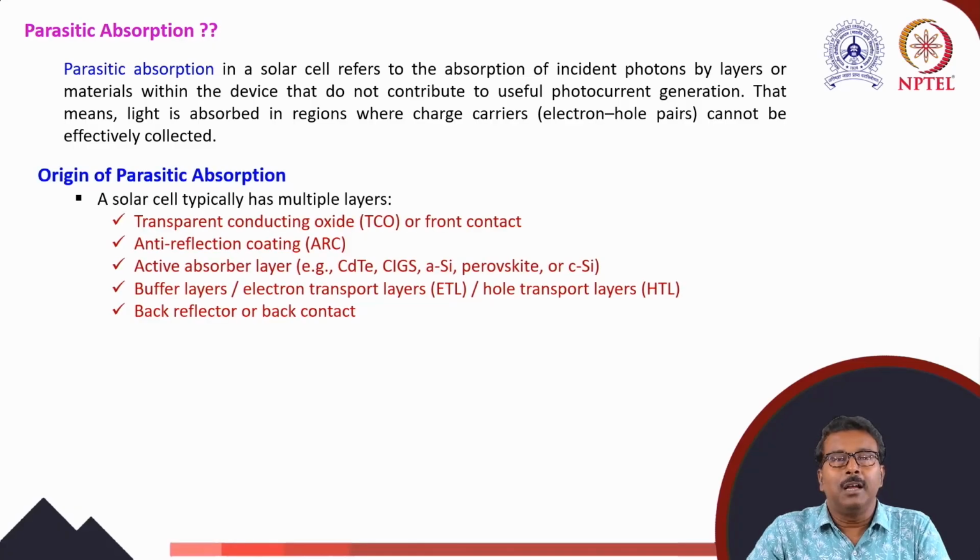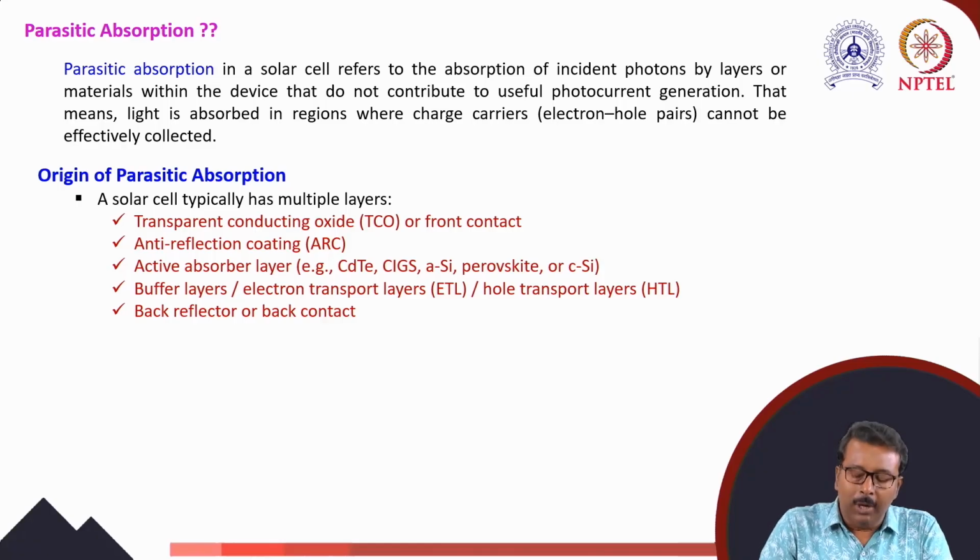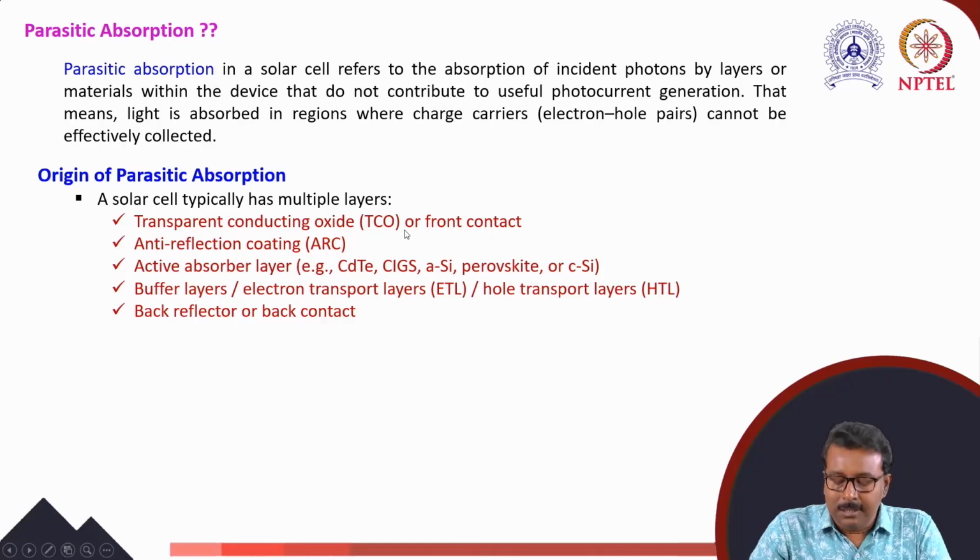So what is the origin of these parasitic absorptions? A solar cell typically has multiple layers, as I said just now: transparent conducting oxide layers, anti-reflection coating layers, buffer layers, sometimes called electron transport layers for organic solar cells or hole transport layers, and back reflectors or back contacts.